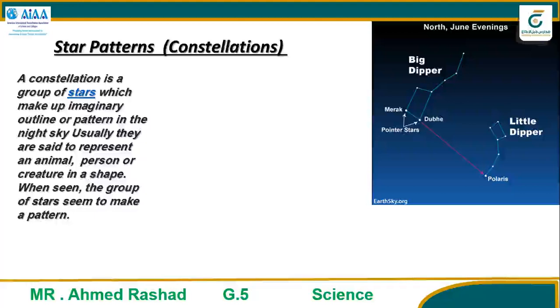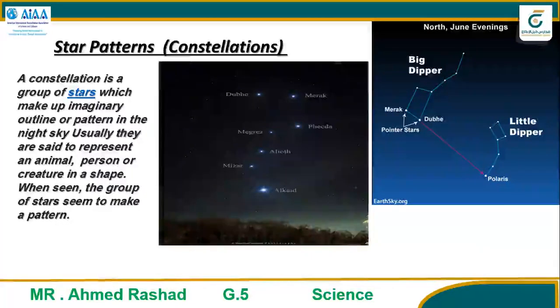And that group of stars seems to make a pattern. Again, we have that imaginary line. We can connect it together to make the shape of the constellation, and we can watch this shape in the sky in different places.